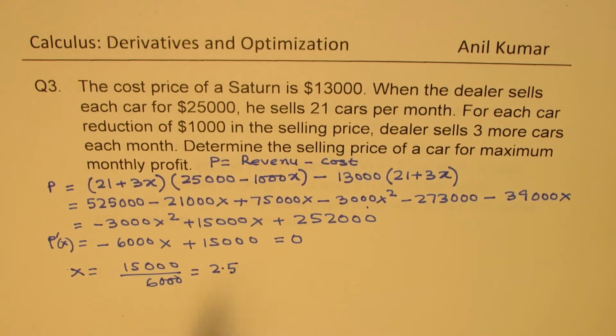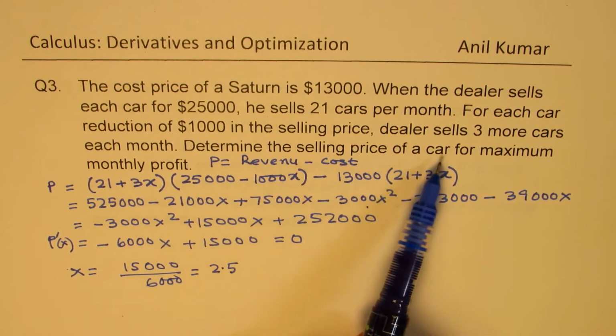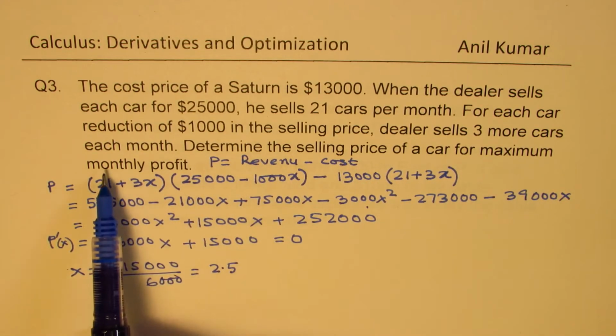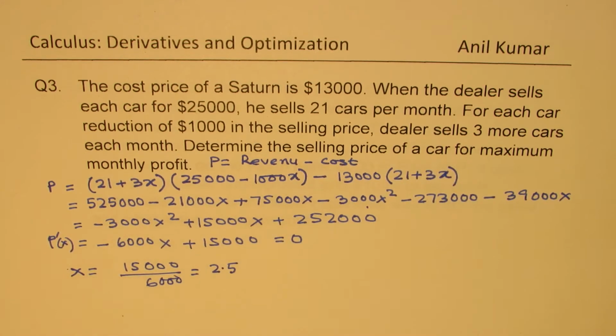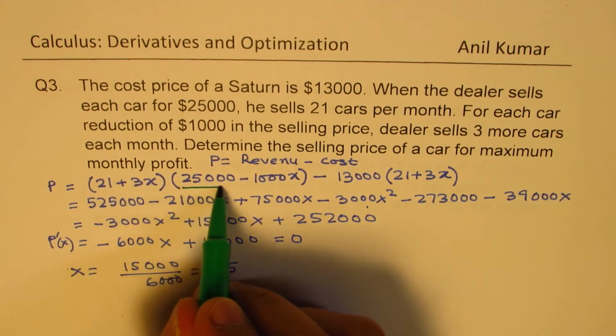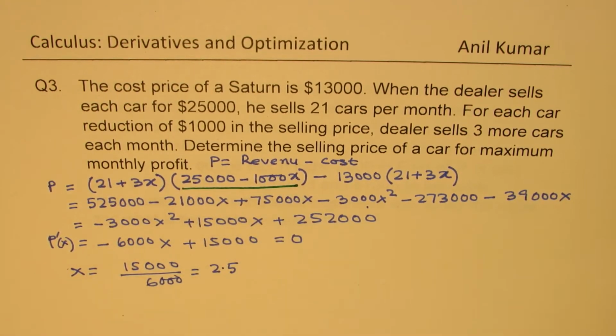Now, at this critical number, let's find the profit. Determine the selling price of the car for the maximum profit. So we have to find the selling price. Now, in our expression, selling price is this. Correct? So that is the selling price.